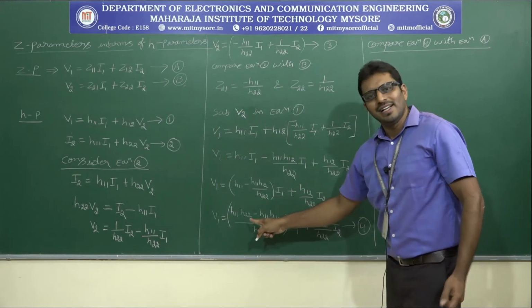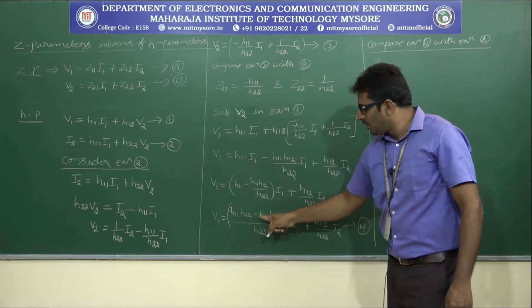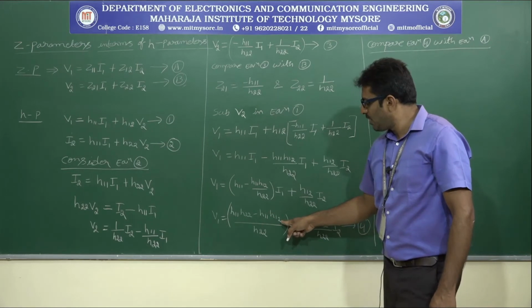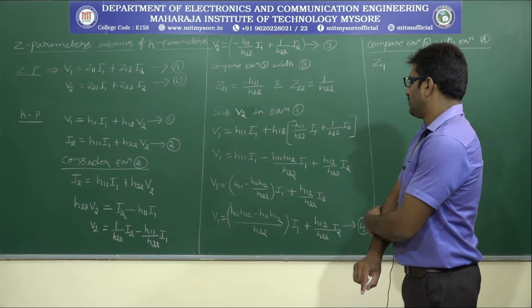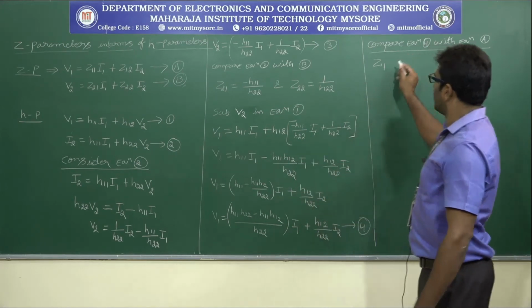This can be written as delta H. But what is delta H? H11 H22 minus H12 H21 divided by H22. Is it correct? Yes, it is correct.